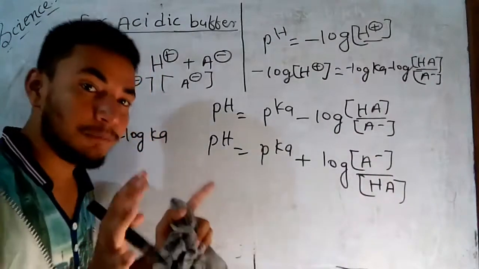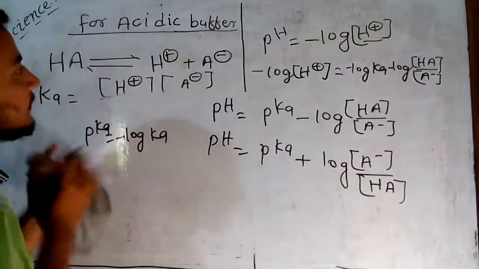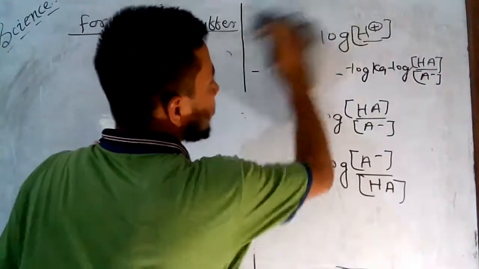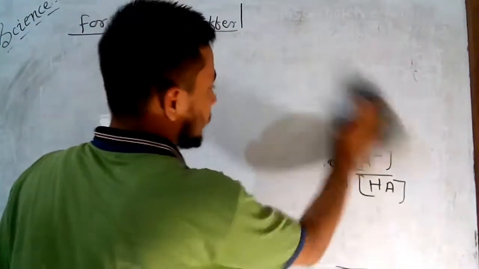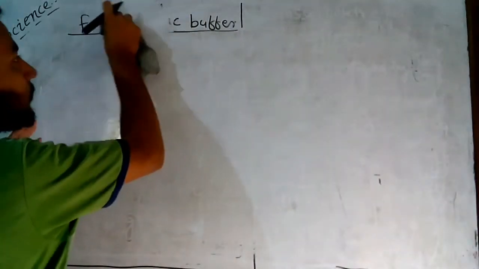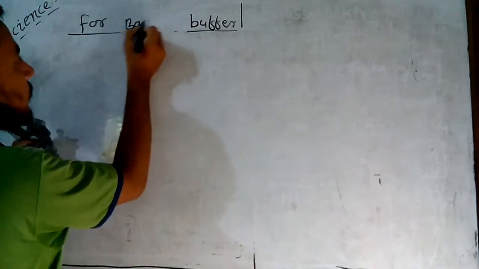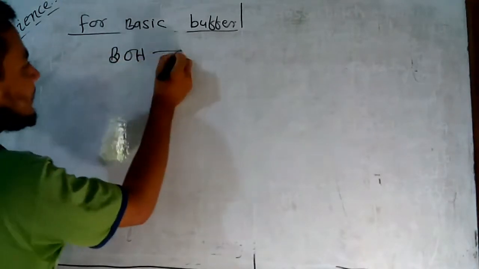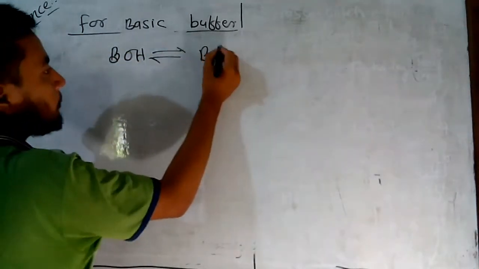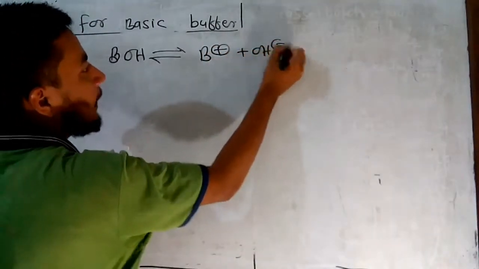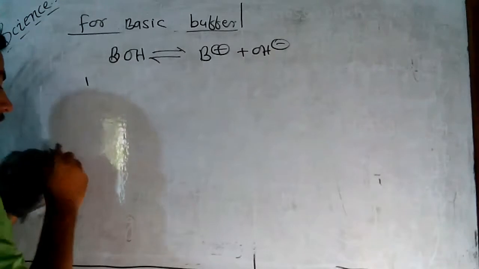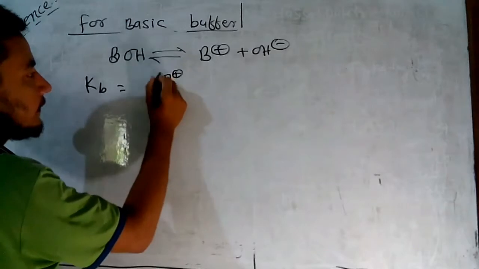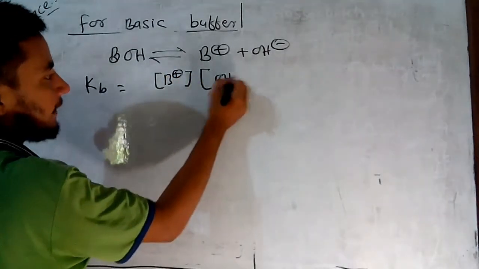Let's talk about pOH, that is for the basic buffer. Consider a weak base, BOH. It dissociates into B plus and OH minus.